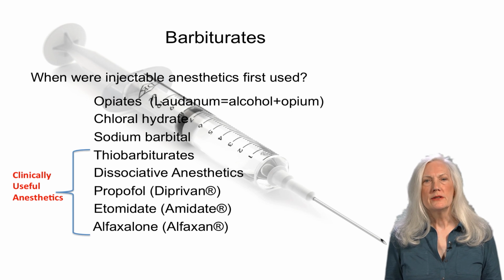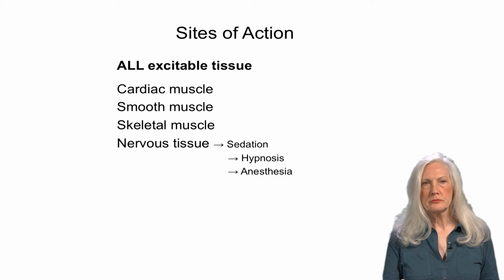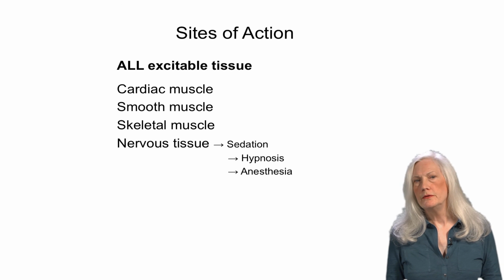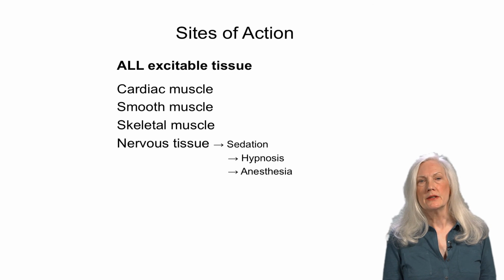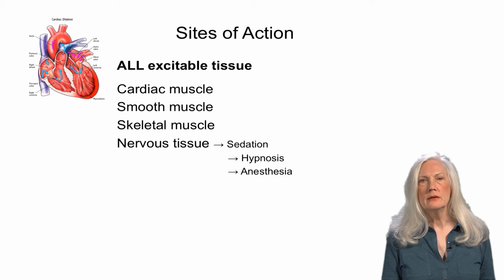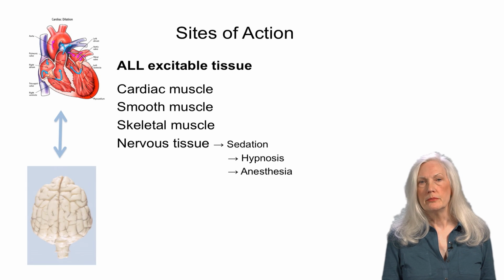The injectable anesthetic drugs that emerged over the years include the barbiturates, the dissociative anesthetics like ketamine, propofol, etomidate, and alfaxolone. The excitatory tissues are all sensitive to many injectable anesthetics. They include the heart, smooth muscle, skeletal muscle, and finally the nervous system.